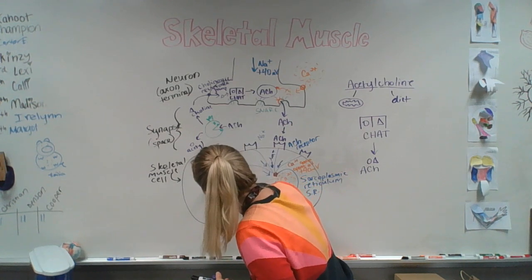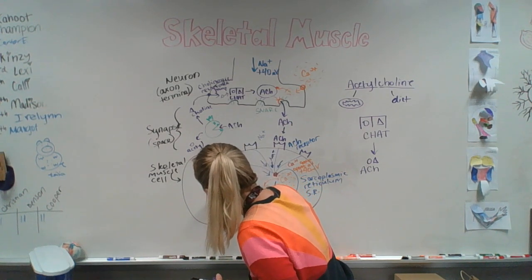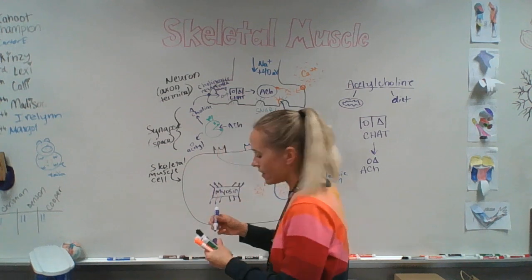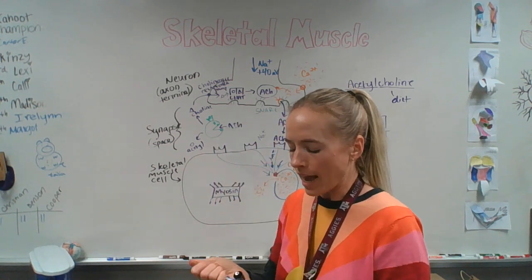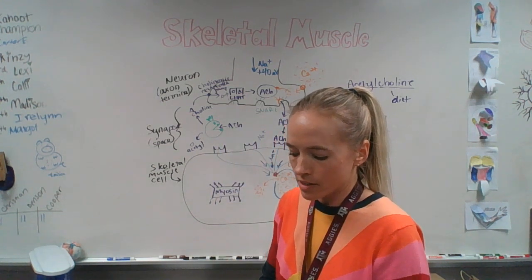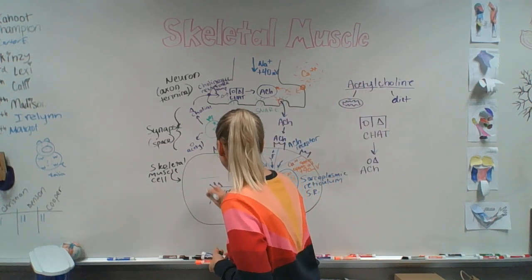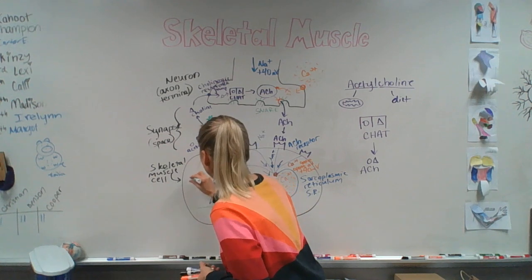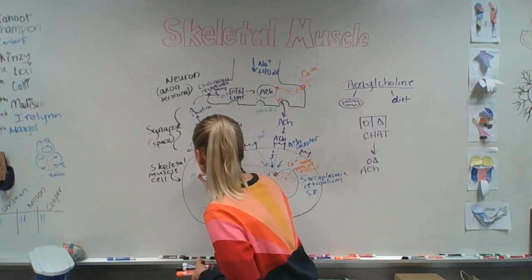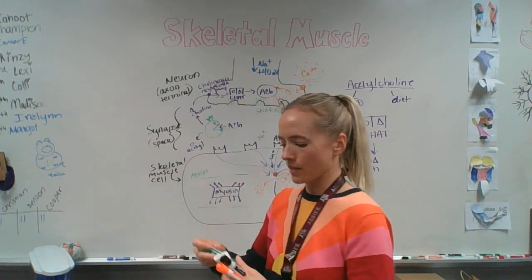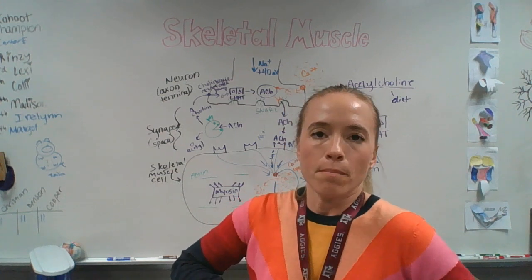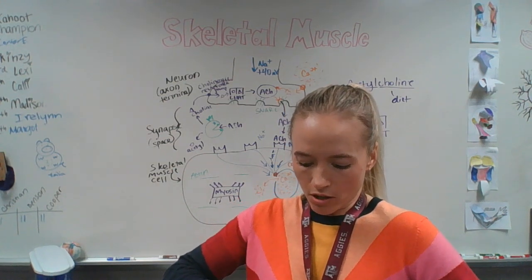So these heads are on the myosin. And then the thin filament is called actin. And actin looks like this, right? Thin. Actin. A-C-T-I-N, actin.